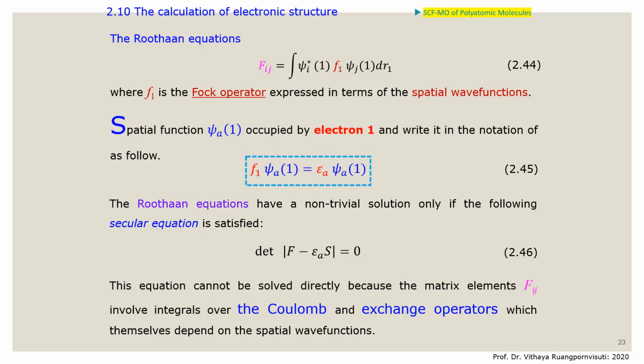The Fock operator acting on psi a is equal to the energy E a times psi a. Roothaan's equations have a non-trivial solution only if the following secular equation is satisfied: the determinant of F minus E a S equals 0, as shown in equation 2.46.